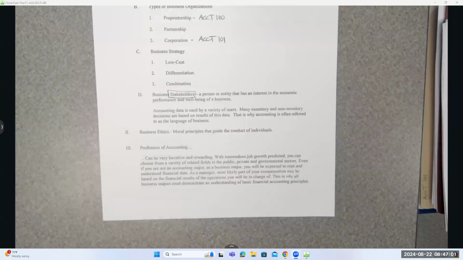Creditors have a financial interest in our business because we're buying from them, which keeps them in business, and we need to pay them, which they hope that we continue doing. Potential investors, the IRS, that's who we're preparing the information for. Everyone who has a financial interest in the business.